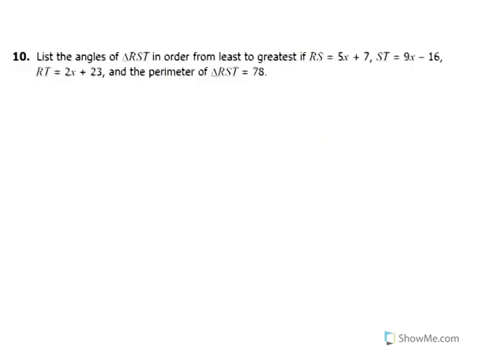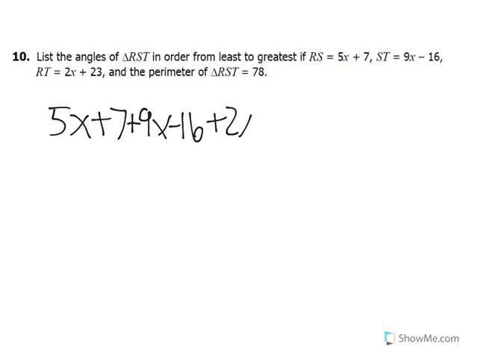And the last example I want to look at is example 10. So here we have the sides of a triangle and the perimeter. So the sides of the triangle, if you add them all together, has to equal the perimeter.